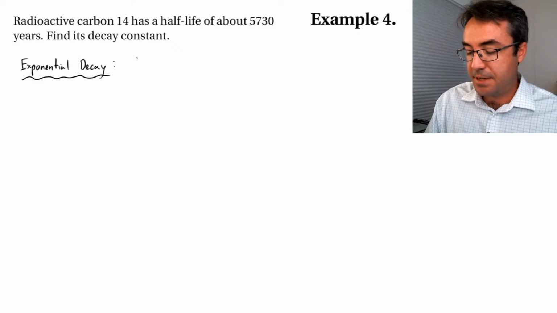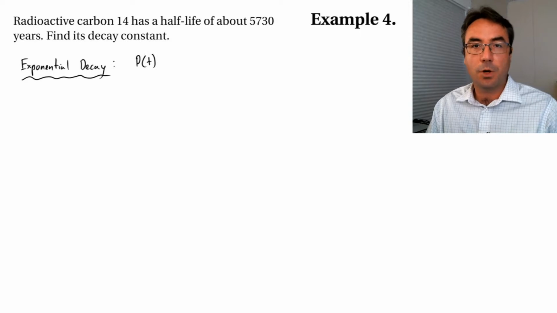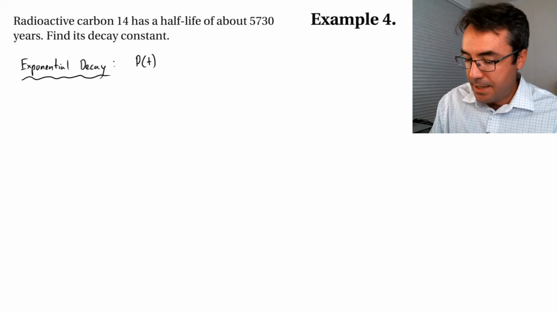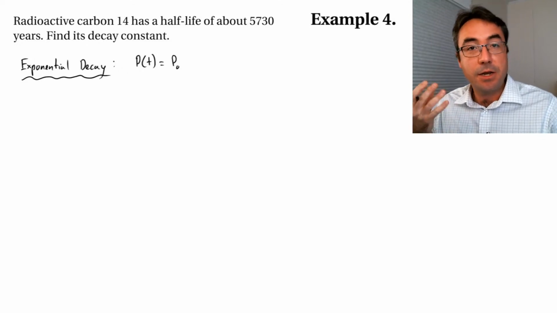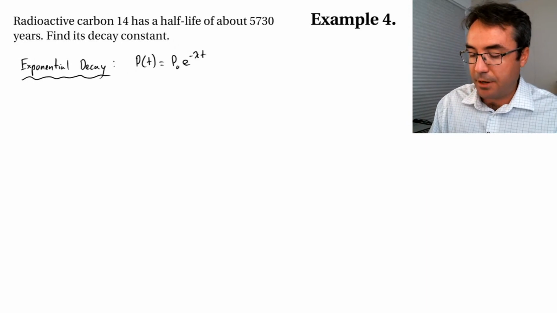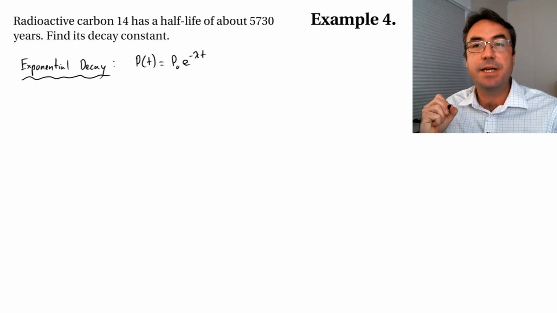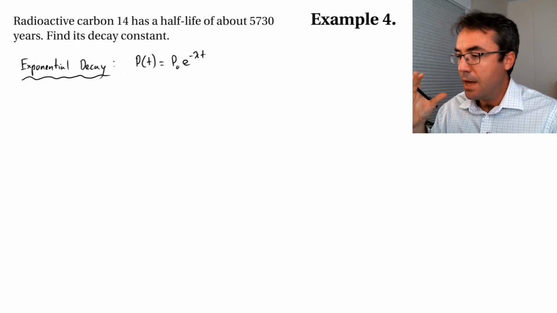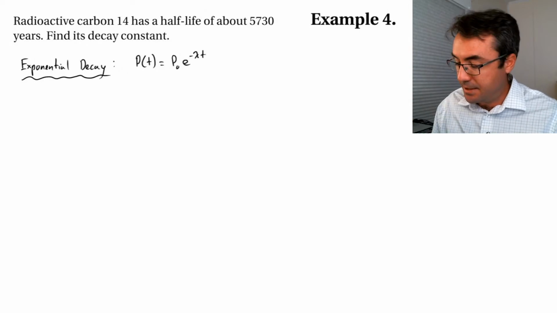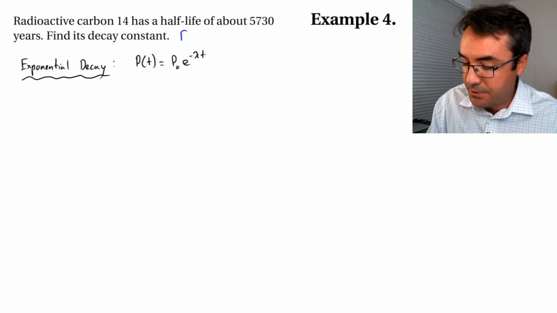So what does it say? It says our quantity of radioactive material at time t is equal to the starting, our initial mass, times the exponential part, e raised to the negative lambda times t. And what we want to do here is find its decay constant. So really what we want to figure out is lambda.